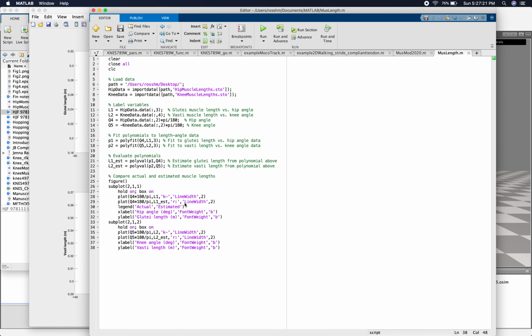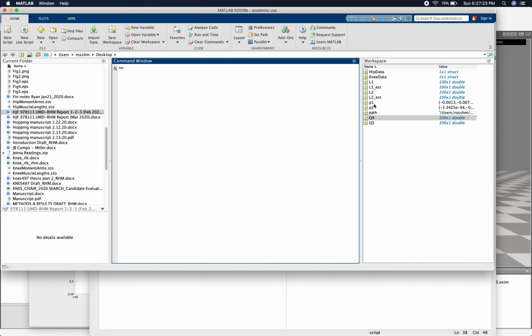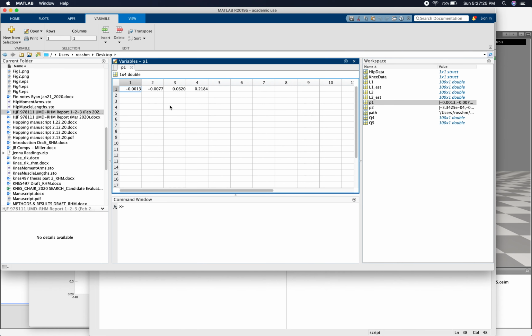Okay, if I look in those p vectors that MATLAB created when I did my polynomial fit, this is the p1 created for the gluteus muscle. It's a vector of 4 numbers, and what are those numbers?